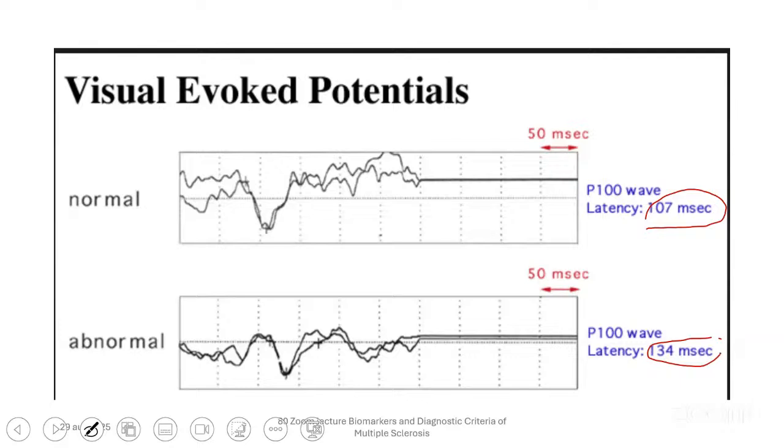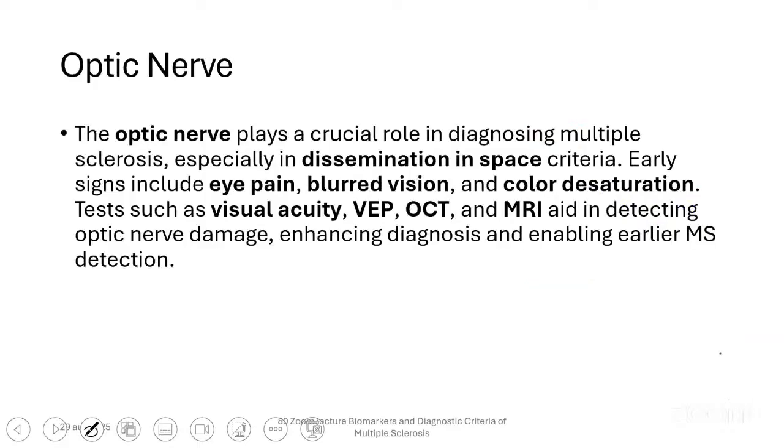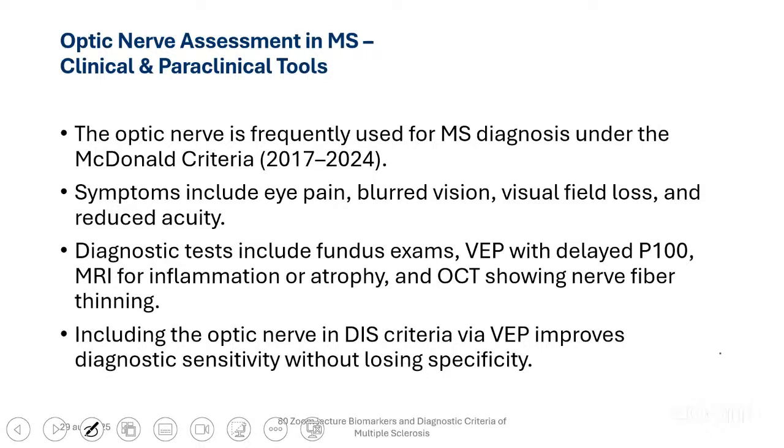So that brings us to the point that the optic nerve plays a crucial role in diagnosing multiple sclerosis, especially in dissemination in space criteria. Early signs include eye pain, blurred vision, color desaturation, and tests such as visual acuity, VEP, OCT and MRI aid in detecting optic nerve damage, enhancing diagnosis, and enabling earlier MS detection.